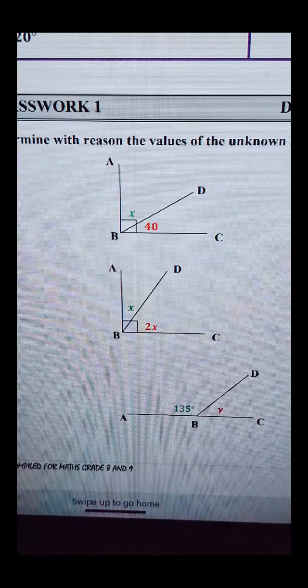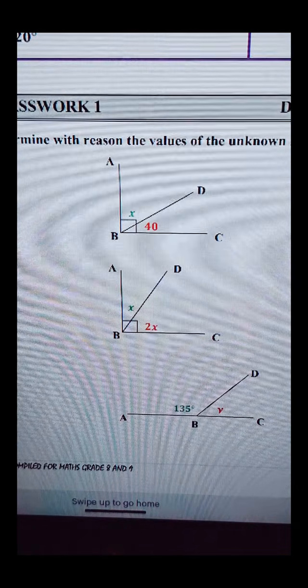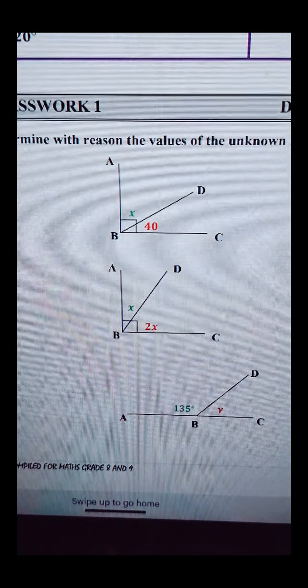The first problem says determine, with reason, the values of the unknown. So what we want is the value of x.